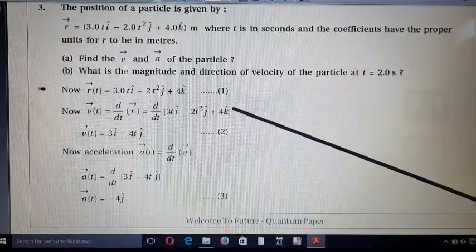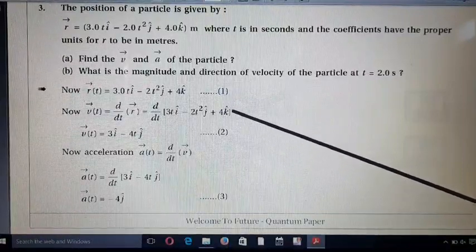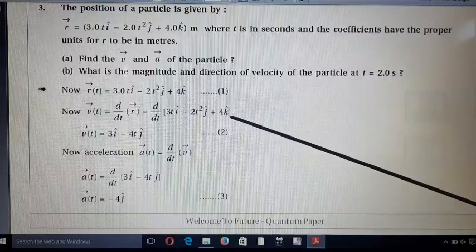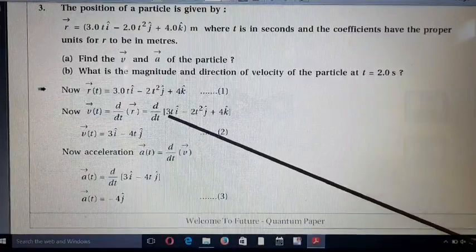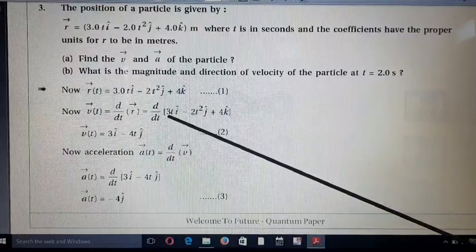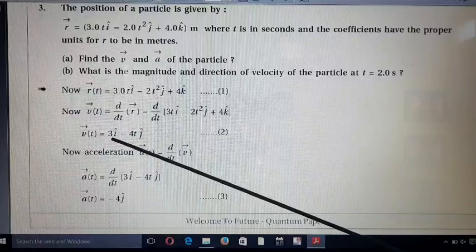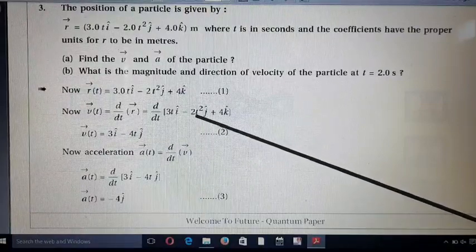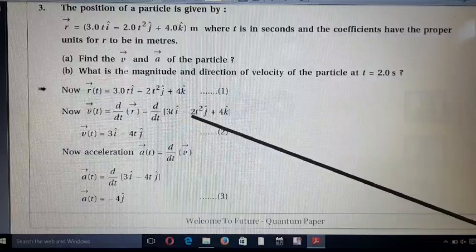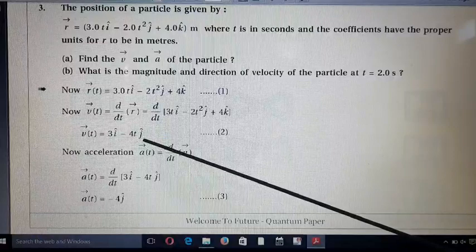Friends, the last term has no time, t is not available. So it is a constant and its derivative is 0. But derivative of 3t means 3 is common, dt upon dt means 1. So we get v(t) is equal to 3 i caret. And derivative of t square is 2t. So 2 is already available. 2 into 2t means minus 4t j caret.